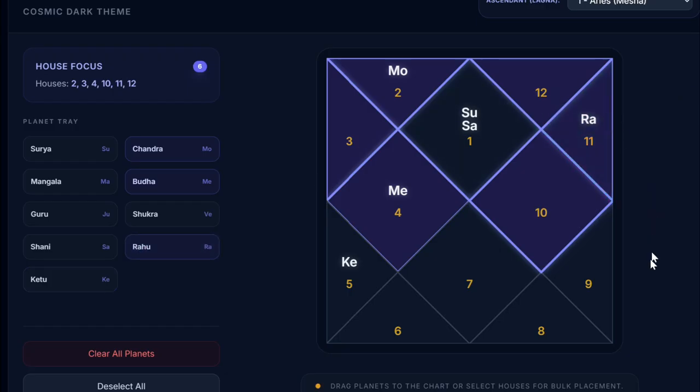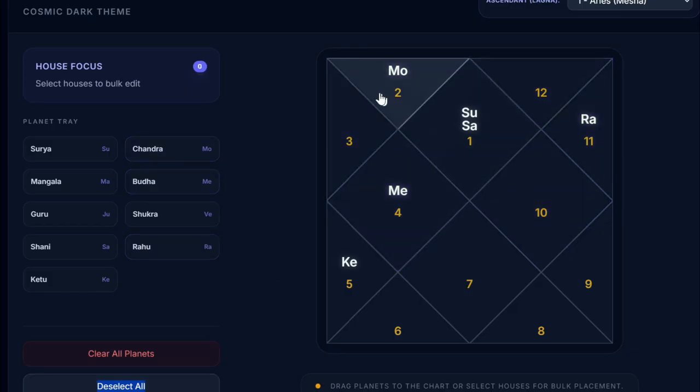If Sun is in the second house, the same logic will apply, right? Let us take the case of Moon then. Here, Moon is in the second house. I have just randomly picked and dropped planets, I have not followed any rule.